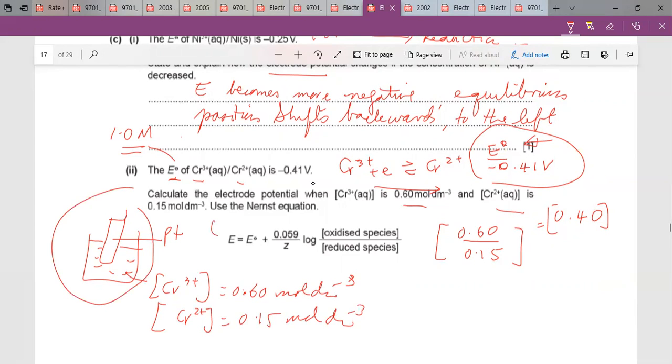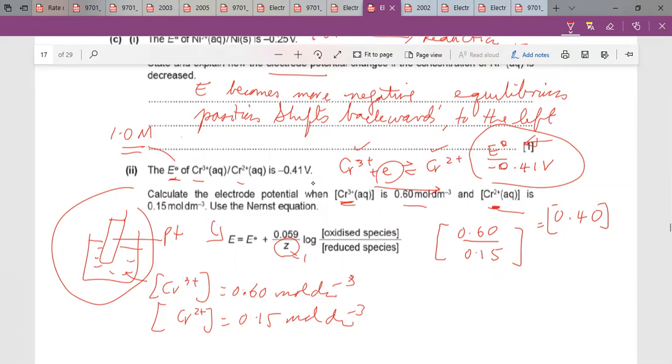So you quote this Nernst equation, right? Oxidized species, which is the more positive one, over the reduced species, which is the less positive. Of course, this is oxidized, this is the reduced one. So this one over this one, quite simple. You just put it in and solve it. Now the Z here is the number of electrons transferred. So here it's 1, so Z equals 1.